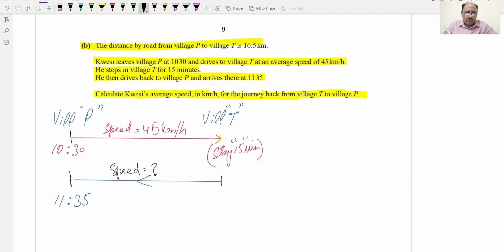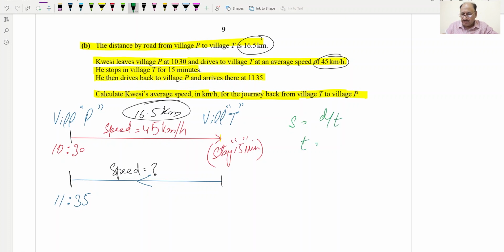Okay. So what we know, we have information that speed is 45 kilometers per hour. We know the distance, and the distance is 16.5. So we can write here 16.5 kilometers. This is distance. So we know that speed is equal to distance over time. So we can write time is equal to distance over speed.